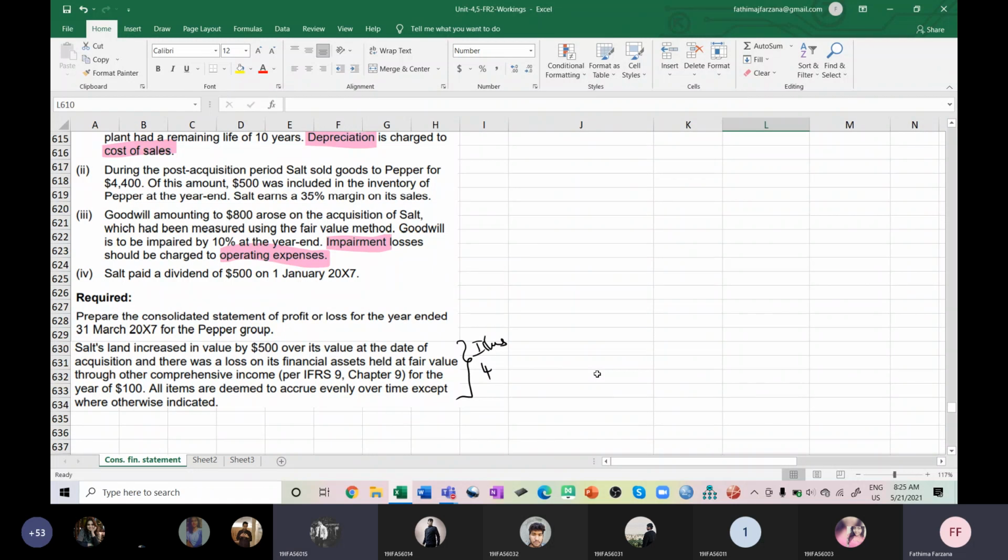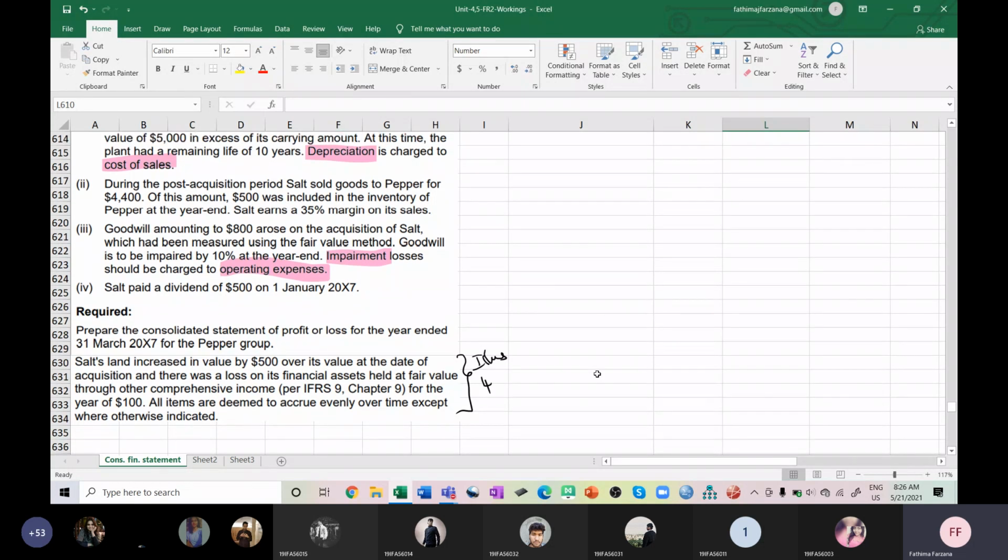It is mentioned: loss on its financial asset held at fair value through other comprehensive income. Where will you show it? OCI. Yes, it will be shown in OCI. So we have two items to be adjusted in OCI, and I don't think we require a working note because they've given the value. They didn't ask you to compute. The value is given; just add or subtract.